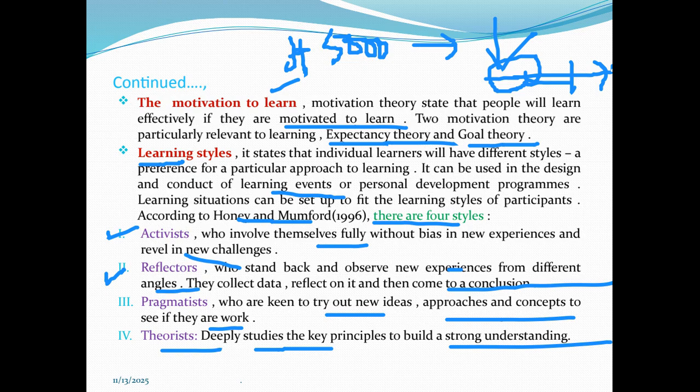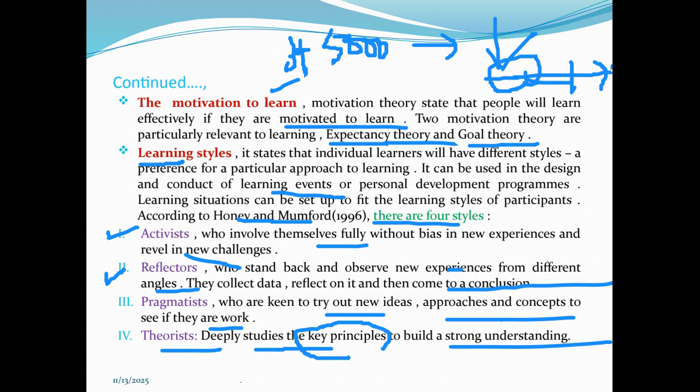They are basically concerned about the principles. They are the theorists, who ask what drives this. We can say Newton was a theorist. He was sitting under the tree when the apple fell on his head.